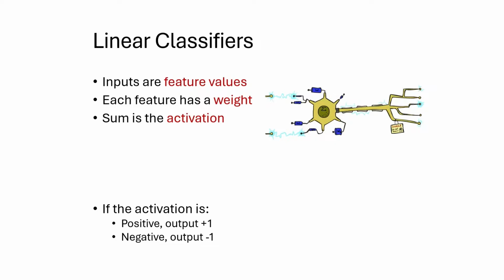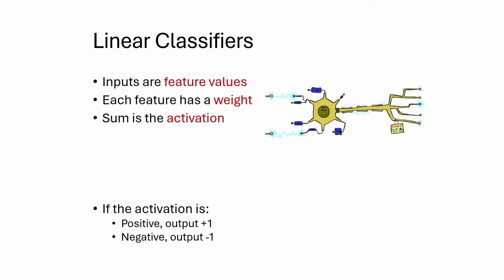Activation function. So the sum that has been calculated previously, remember the sum between weights and features, now goes to another function, we call it activation function. If the activation function output is positive, then it leads to positive 1. If it is negative, then the output is negative 1.